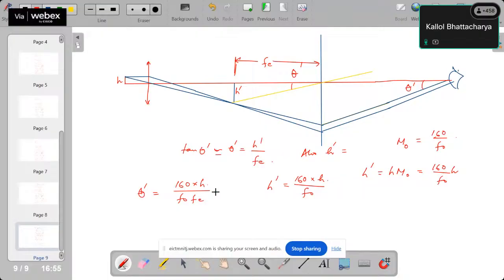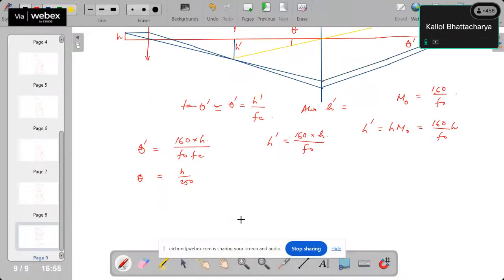So this is your theta prime. What was your theta? Remember, theta was the angle that the extremity of the same object subtended at the center of the eye, where it was placed at 250 millimeters. So theta is simply H by 250.